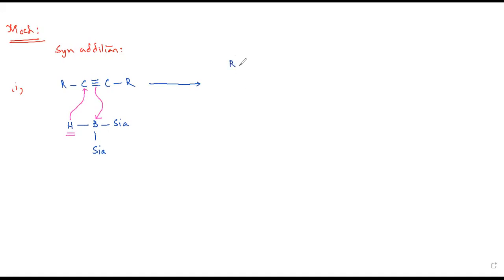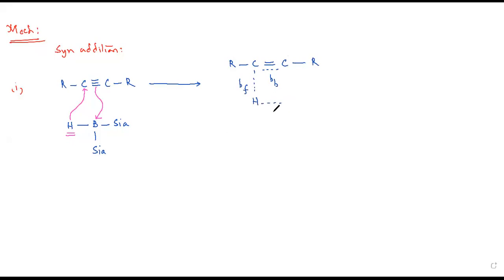Now, R, C, we have already got a triple bond. Now this is going to get broken, then this, it's okay. Now a fresh bond is going to get formed between carbon and hydrogen.